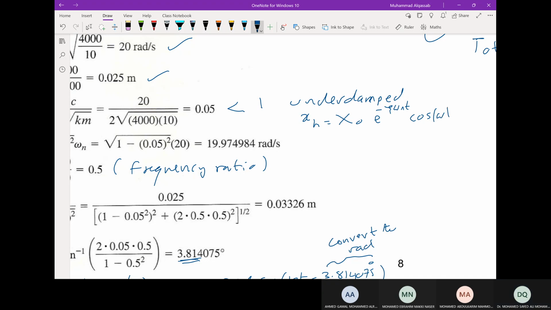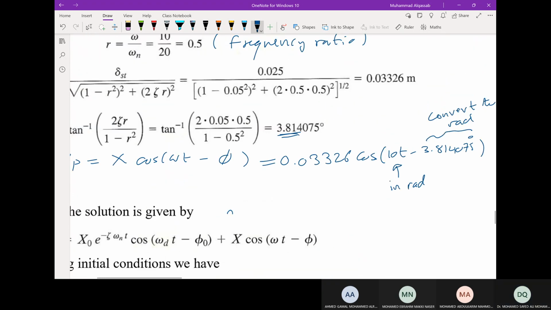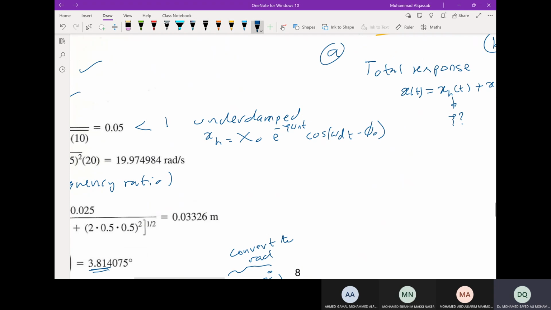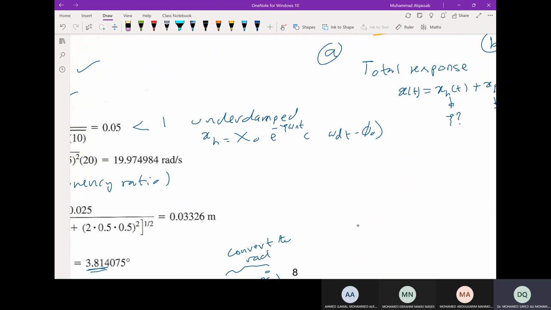If you use sine, phi will have a different value, but it is not wrong, it is correct. I'm just following the question. You can use cosine or you can use sine.